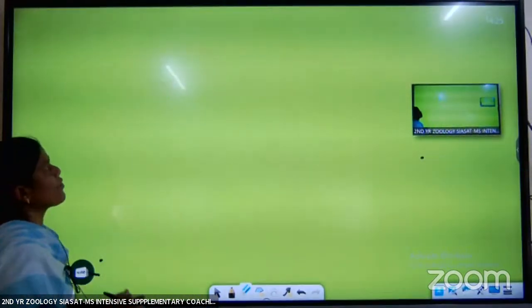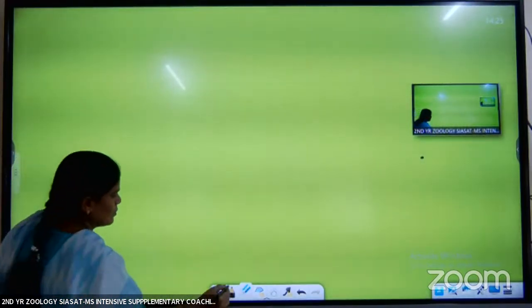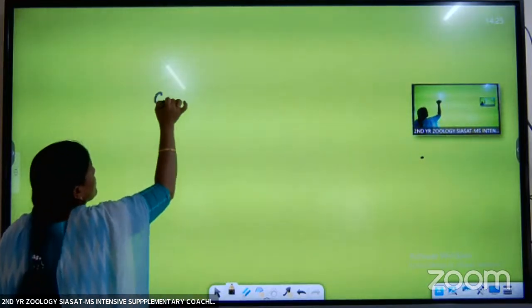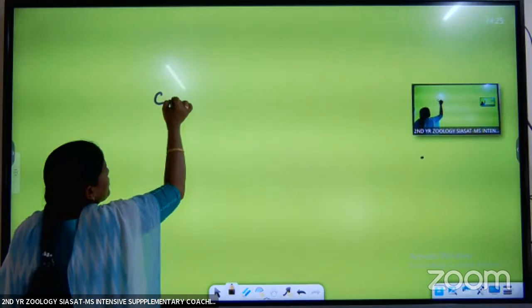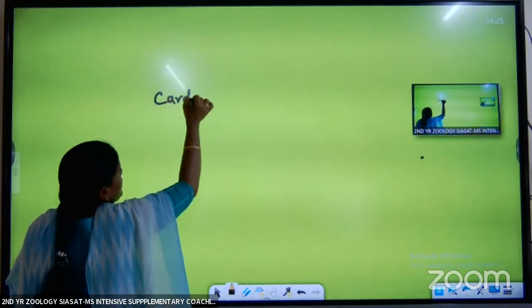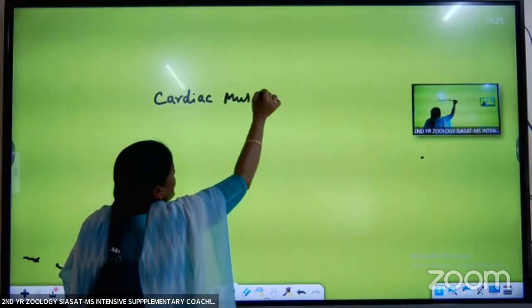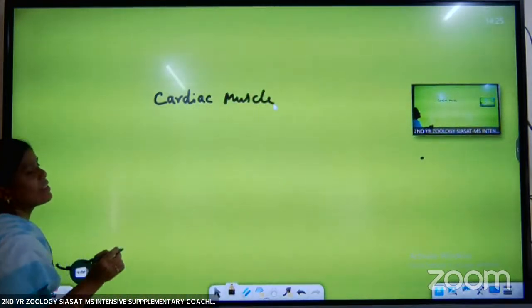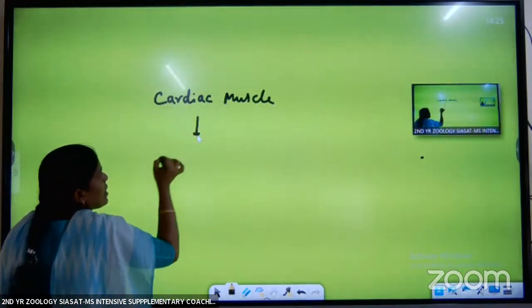Next, the heart is made up of cardiac muscle. The heart wall has three layers. What are they?